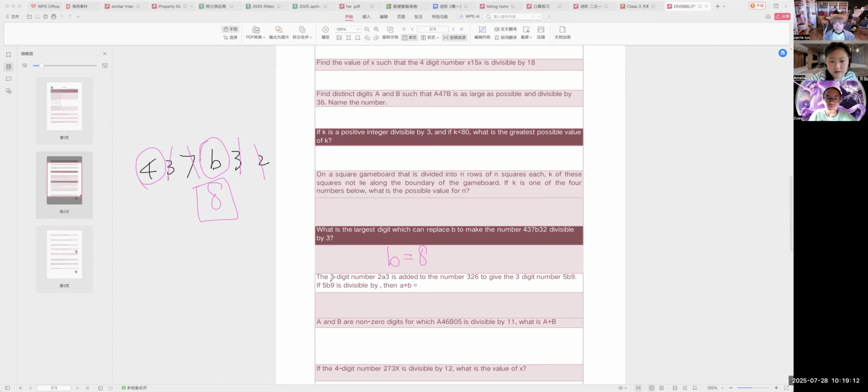Get it? Okay, the three-digit number 2A3 is added to the number 326 to give the three-digit number 5B9. If 5B9 is divisible by... why? The part is missing. Let's say divisible by 9, okay? Divisible by 9. So what is A plus B?